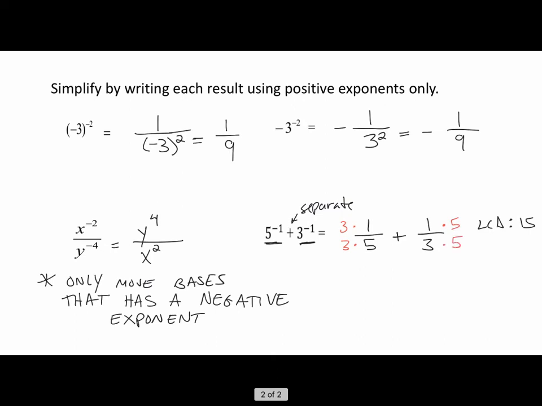For 5, I'm going to multiply by 3 over 3 to get 3/15. That's an equivalent fraction. For 3, I need to multiply 5 over 5 to get 5/15. That's an equivalent fraction. Now that they have the same denominator, I can add the 15ths together. 3 plus 5 is 8/15 altogether.